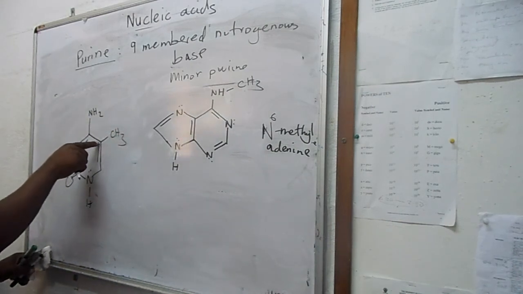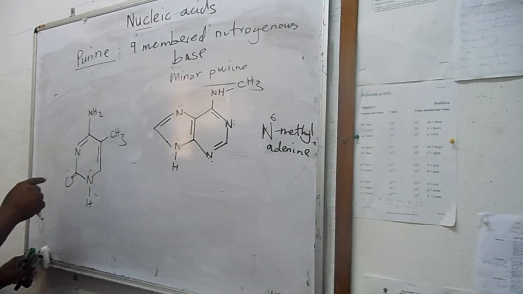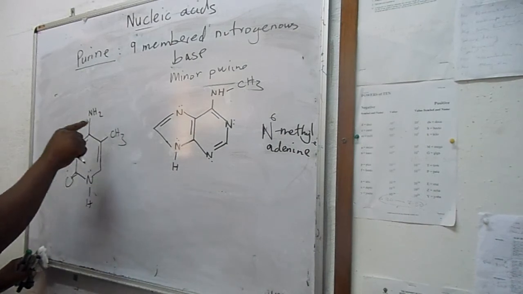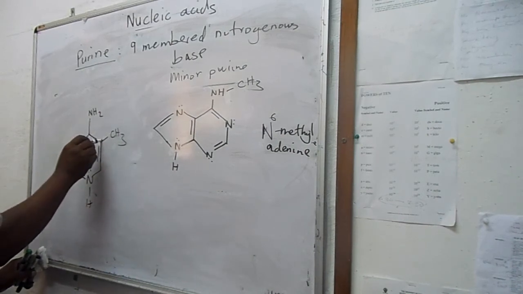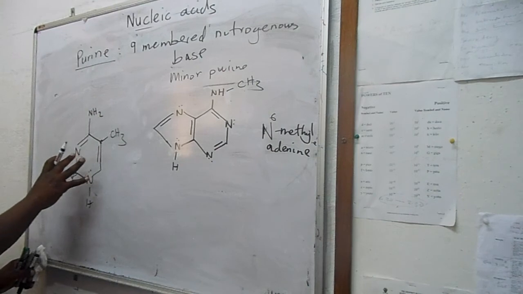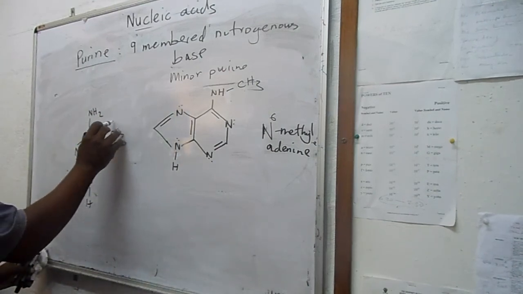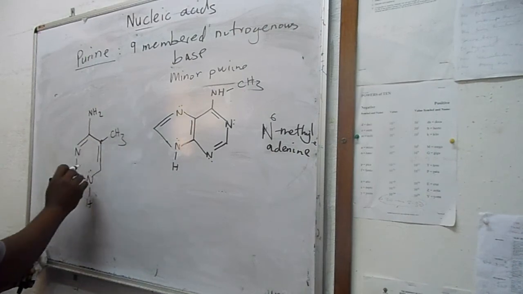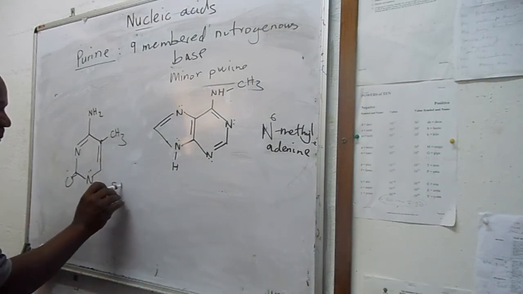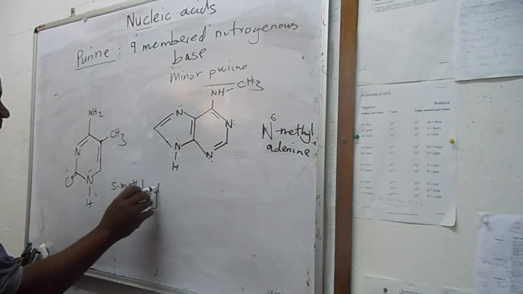It is taking place on the carbon that is within the ring, so we would say that this is an endocyclic atom. It's within the ring. So in naming this, you just state at what position this methyl group has been attached. It has been attached to position number 5, the methyl cytosine.